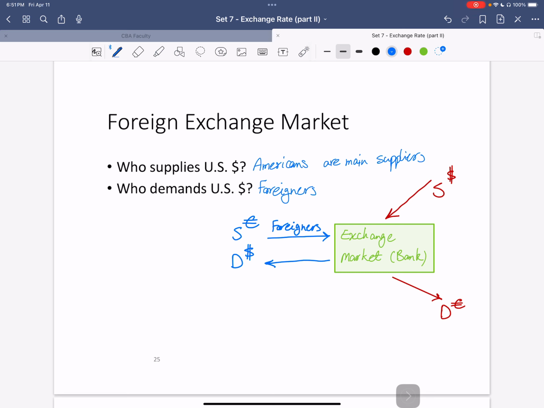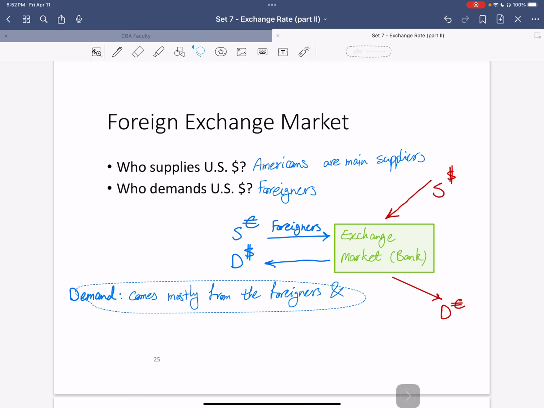If I want to summarize it, demand for any currency comes mostly from the foreigners and speculators.